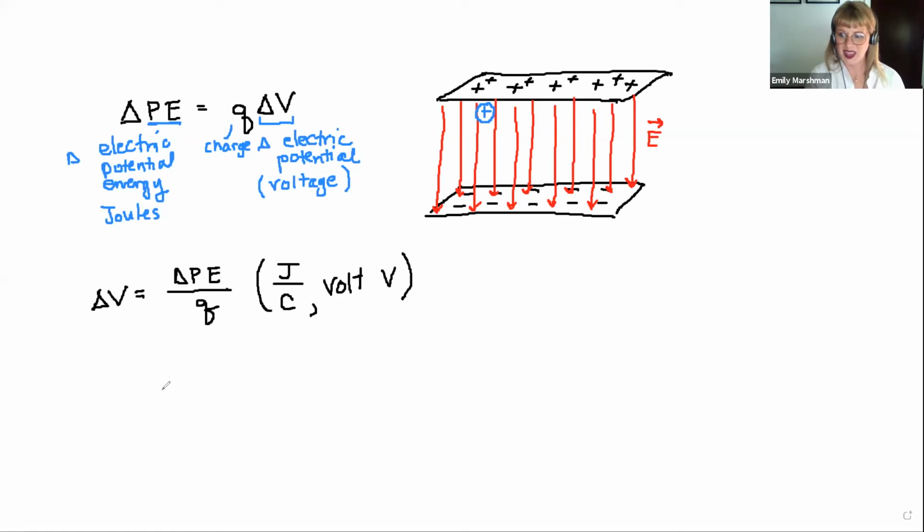Okay. So what does this mean? If you take a look at a battery, for example, just say a regular old AA battery. When you read on the battery, a AA battery says it has 1.5 volts.